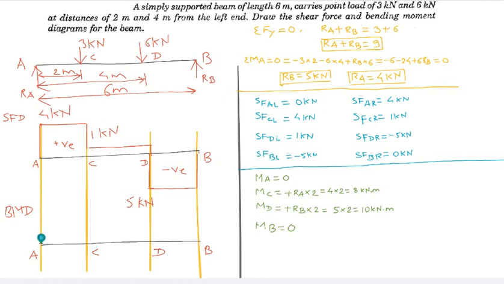At point B, bending moment is equal to 0. At point C, it is equal to 8 kilonewton meter. Then at point D, its value is 10 kilonewton meter.